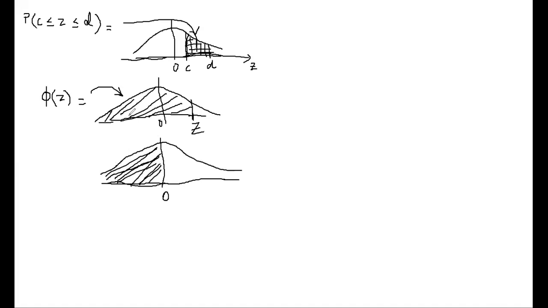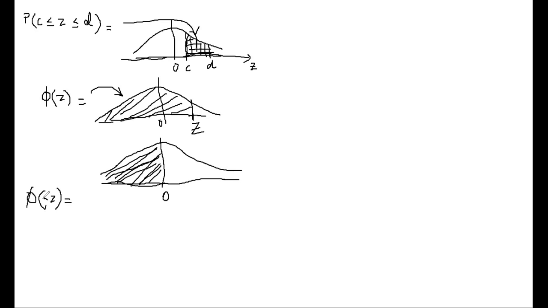This is the concept. Now, if you have this much concept, can you tell me, if I require to find phi of minus z, how can I get phi of minus z? Is it related anywhere to phi z?